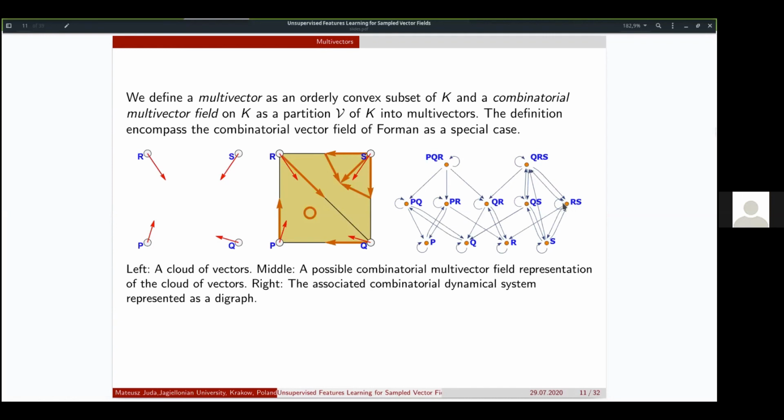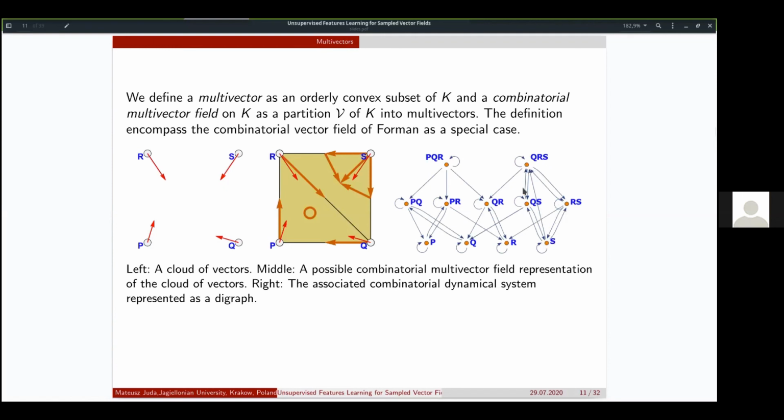We can stay there. We can go back to QRS by the information taken from the input data and the convexity criterion. Or we can go to vertex S in the bottom layer. We can stay there. Or we can go either to QS, RS, or QRS.